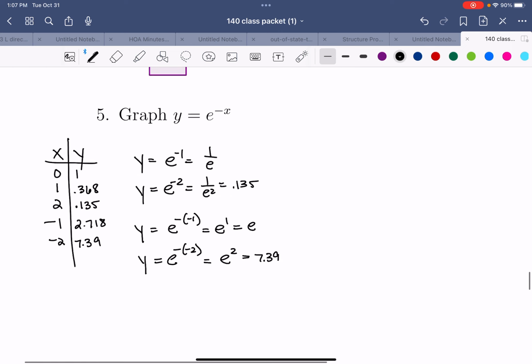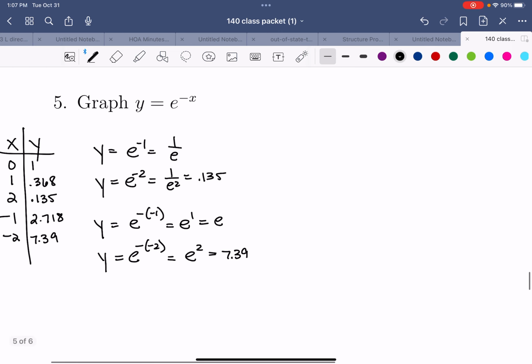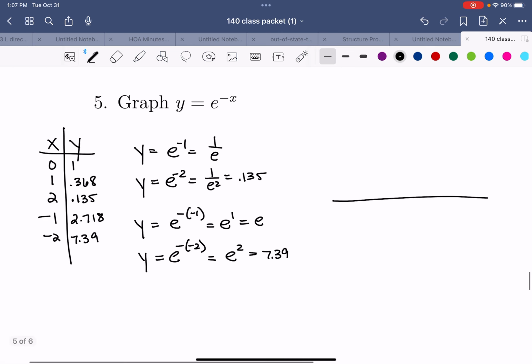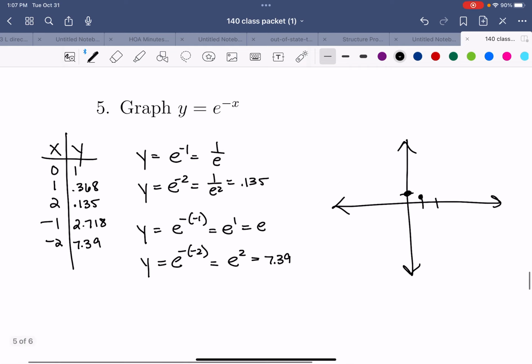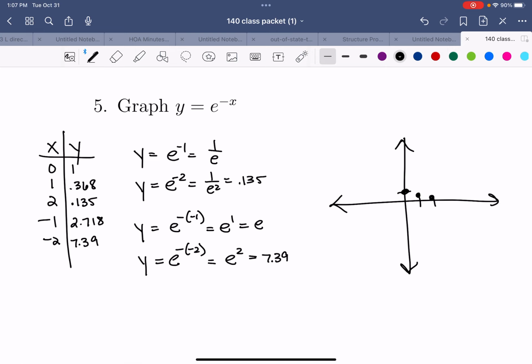And we can go ahead and graph that. All right, so 0, 1 gives me this point, and 1, 0.368 gives me this one, and 2, this one's way down here. At -1, we're up at almost 3, and at -2, we're way up here at 7.